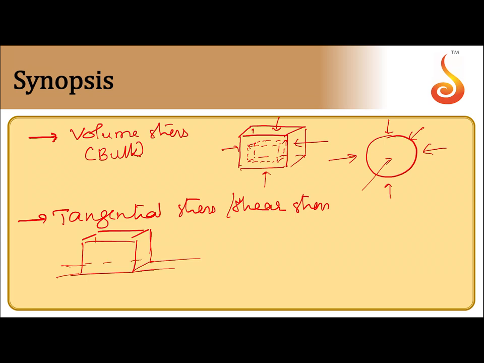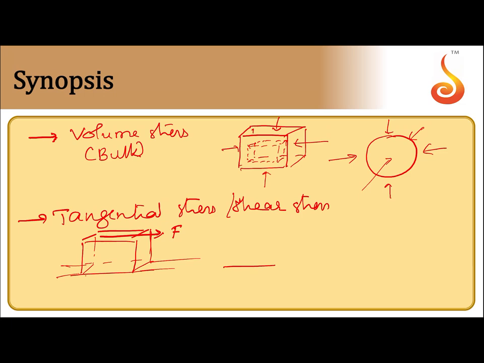It is pushed like this. For example, there is a force which is tending to push it like this. You can think of a stack of books one placed over the other, and a force tries to push it from the top.